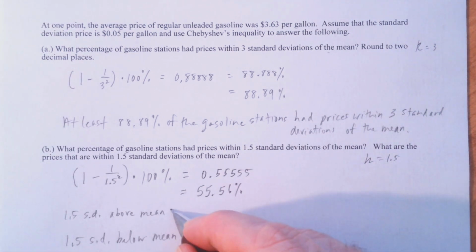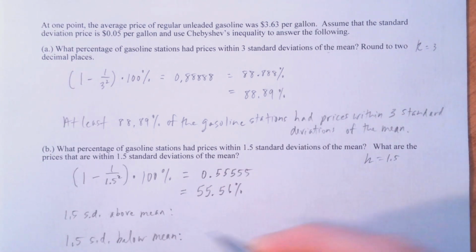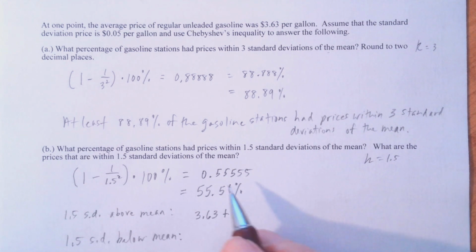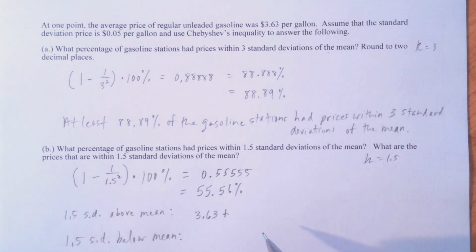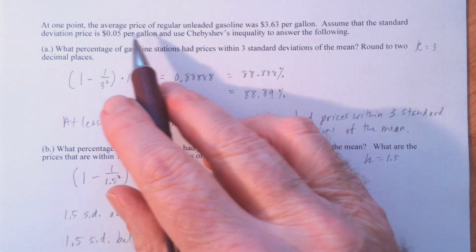So we don't actually need our formula here. All we need to do is take the mean, which is 363, and we're going to add 1.5 standard deviations where one standard deviation is 5 cents. We have that up here.